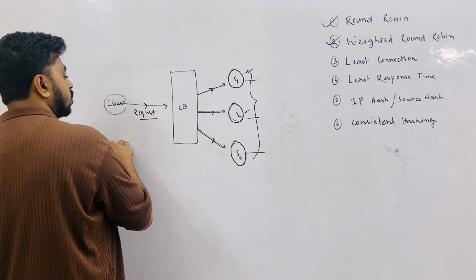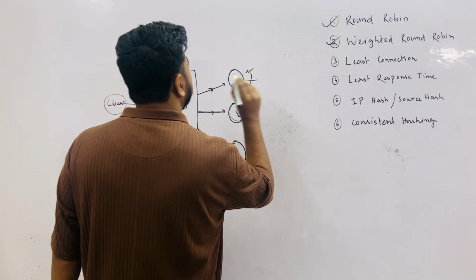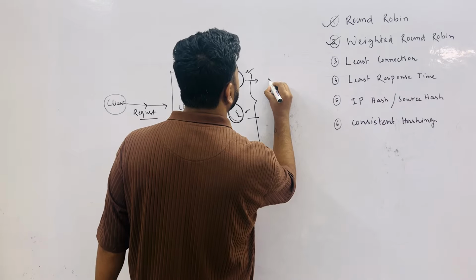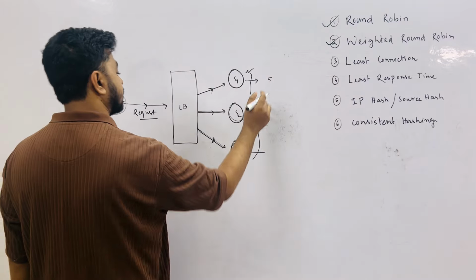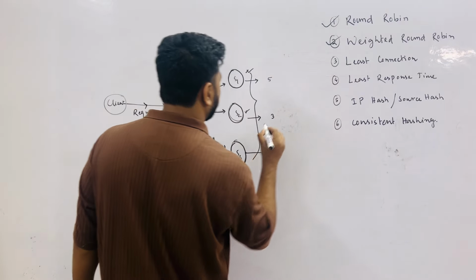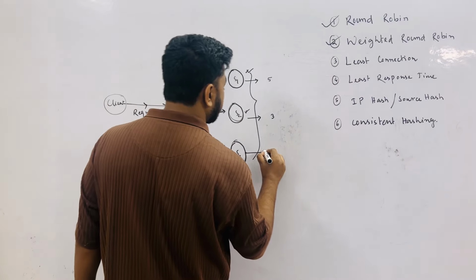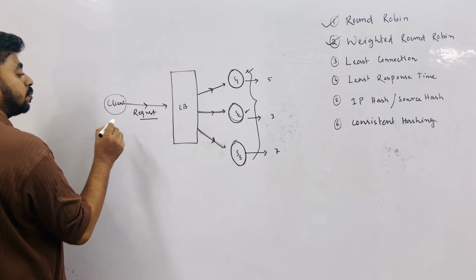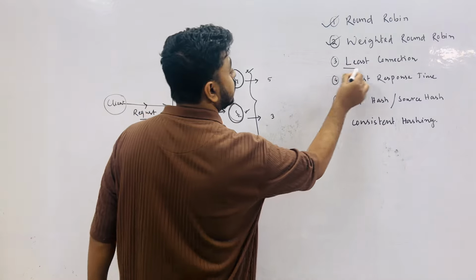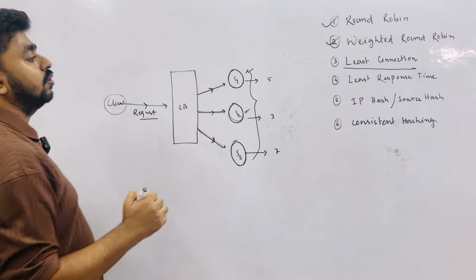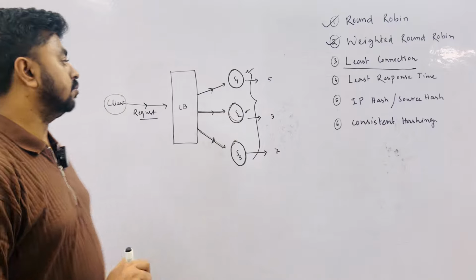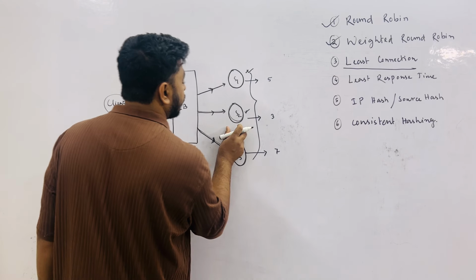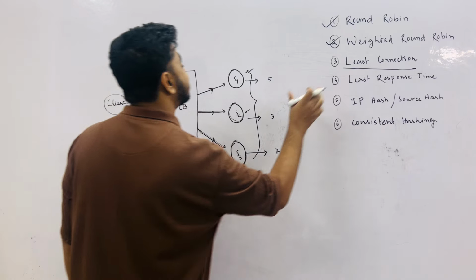So suppose at an instance S1 is handling 5 requests, that means 5 connections, S2 is handling 3 requests and S3 is handling 7 requests. If you use this particular algorithm, then the request will travel to the server which is handling the least connections.